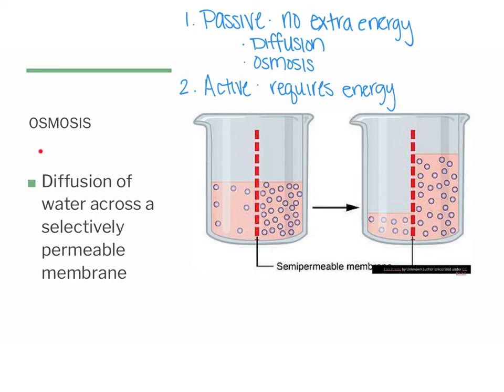So osmosis is the diffusion of water across a semi-permeable membrane. And so that water is going to go to the higher solute concentration.